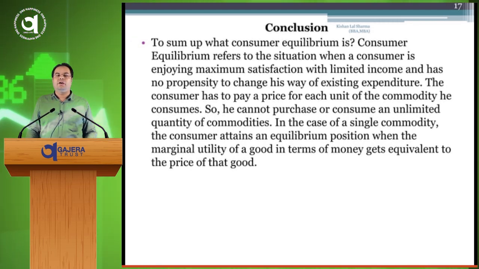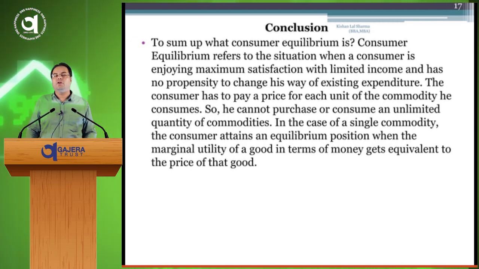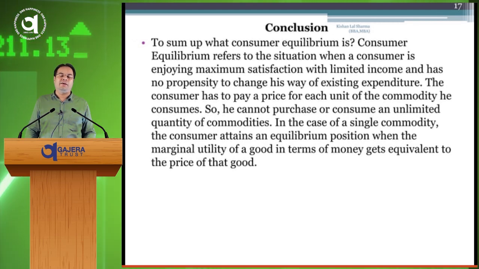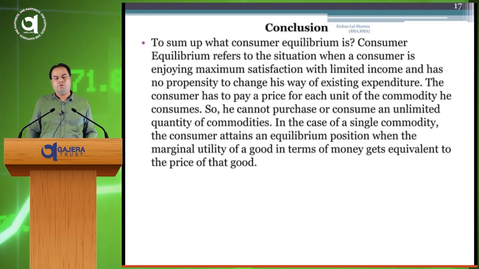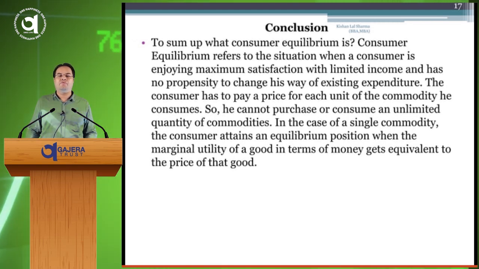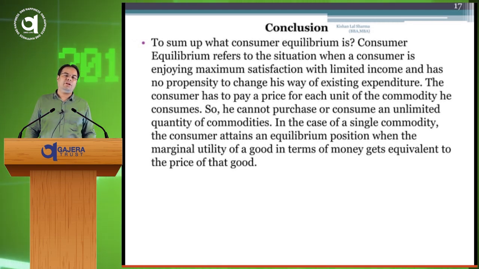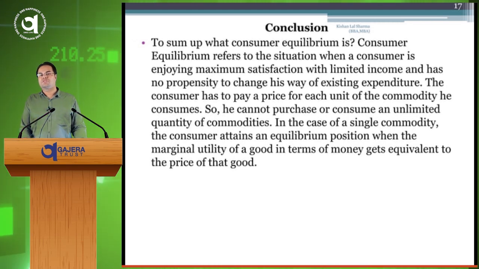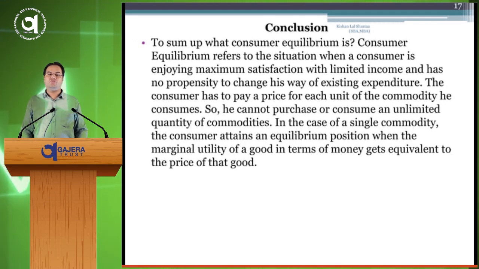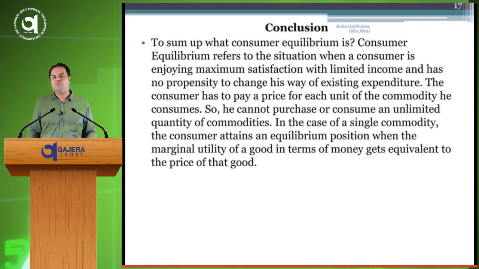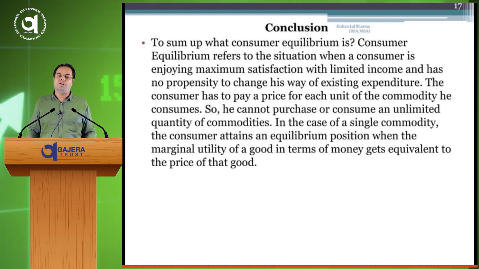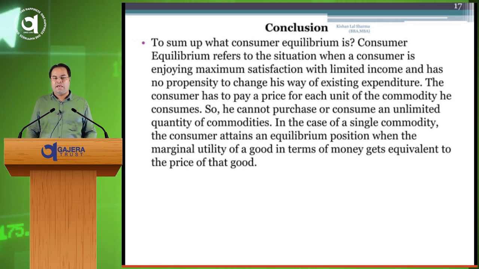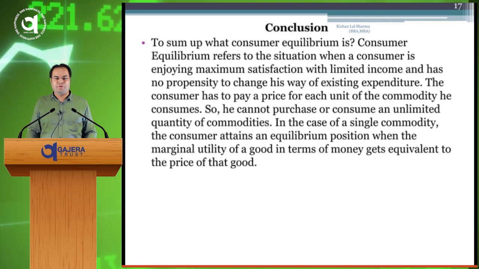So as a consumer, he or she will always try to maximize the satisfaction level with the given income or the price to be paid for the commodity. Then the consumer has multiple options, okay. And remember one thing, that human beings' wants are unlimited. So they have to decide the quantity of the commodities which they are going to purchase, and accordingly they have to maintain their equilibrium. Thank you.